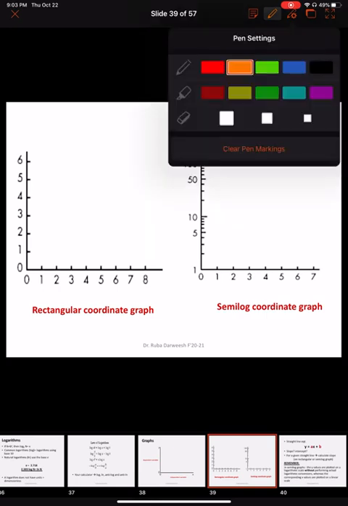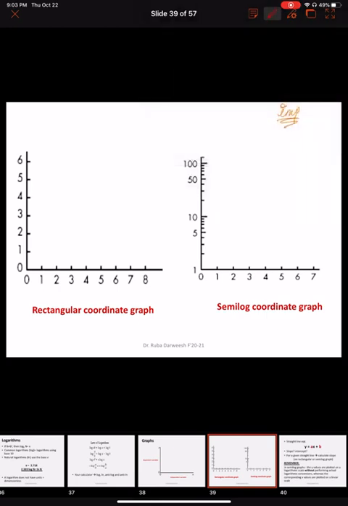We have here two types of graphs. Again, we are talking about graphs or types of paper that we usually use to have our profiles. If we start with the first one, which is the rectangular graph, we have the x-axis and the y-axis with the same spaces between each number. So the space between 0 and 1 is the same as 1 and 2, the same as 2 to 3, and so on and so forth.